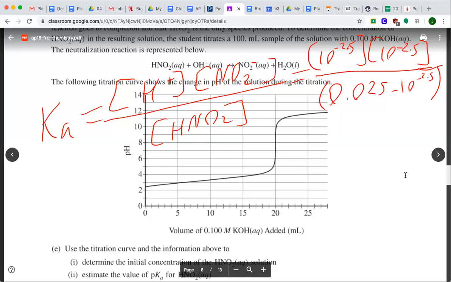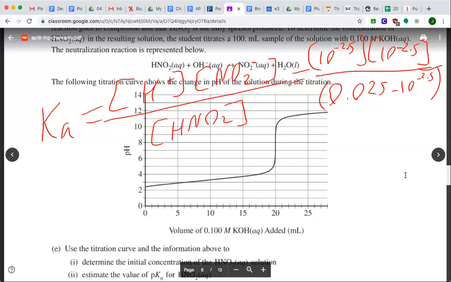And that's obvious, right? 10 to the negative 2.5 squared is 10 to the negative 5. That makes sense. And we're going to divide all that by the quantity 0.025 minus 10 to the power of negative 2.5. Okay, and so that gives us 0.02, and let's go ahead and knock that out.